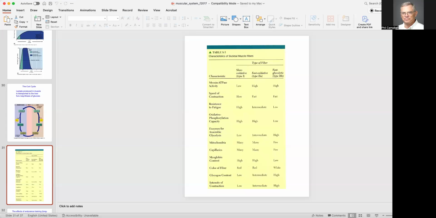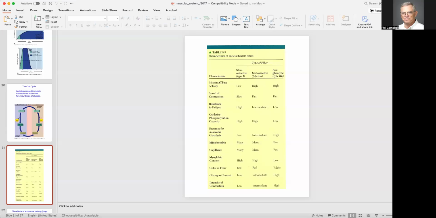Now let's go over here to the fast glycolytic fibers. They're designed for rapid but limited time response. So their myosin ATPase is very high. Their speed of contraction is high because that's what they're designed for, but the resistance to fatigue is very low. And because they rapidly exceed oxidative phosphorylation capacity, their oxidative phosphorylation is low.